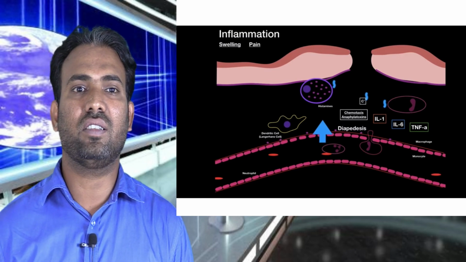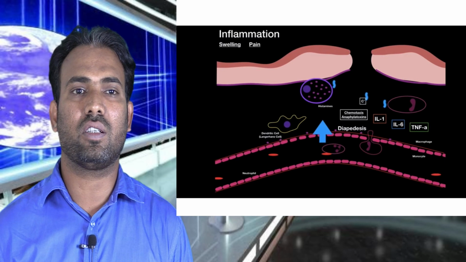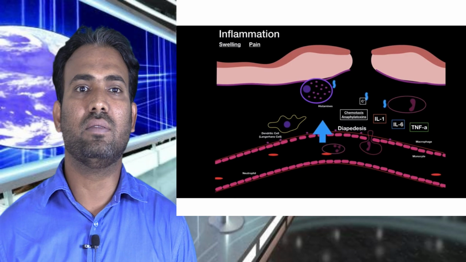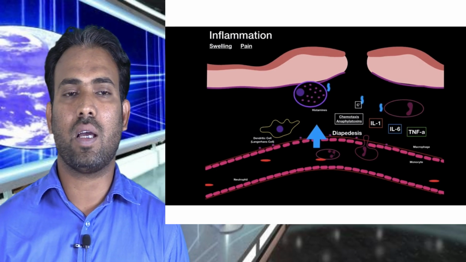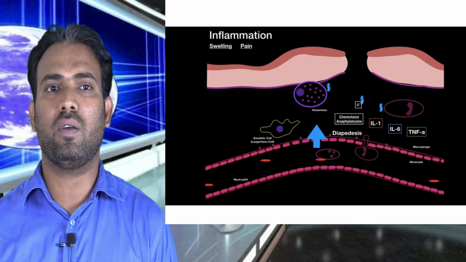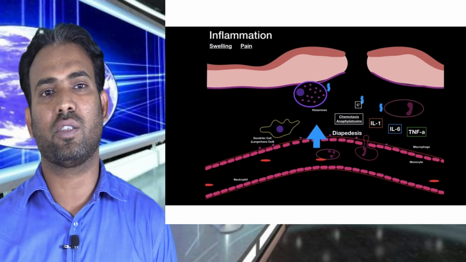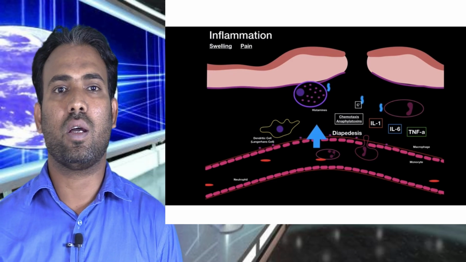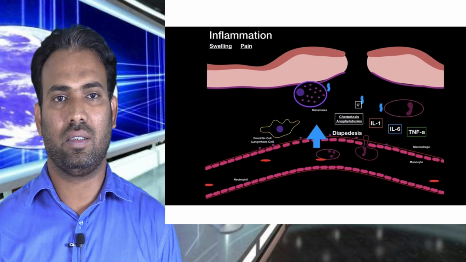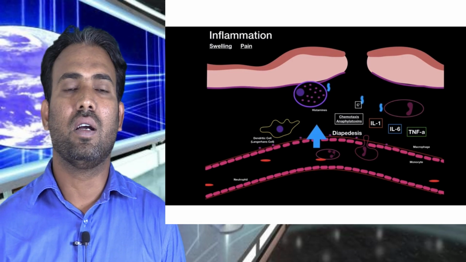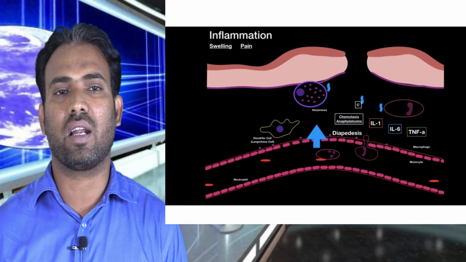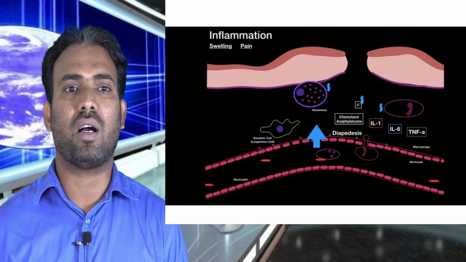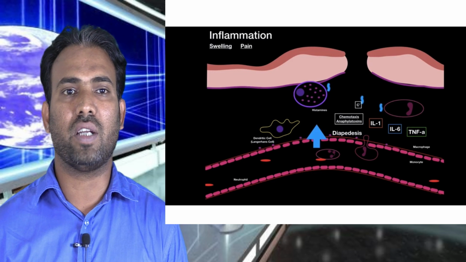Once the dendritic cell is involved, we will face problems like swelling, pain and other things. Once the dendritic cell is involved in this immune response, it will collaborate with the complement system and produce 2 different types of toxic materials, like chemotoxins and anaphylatoxins. These toxic materials are produced from the dendritic cell.